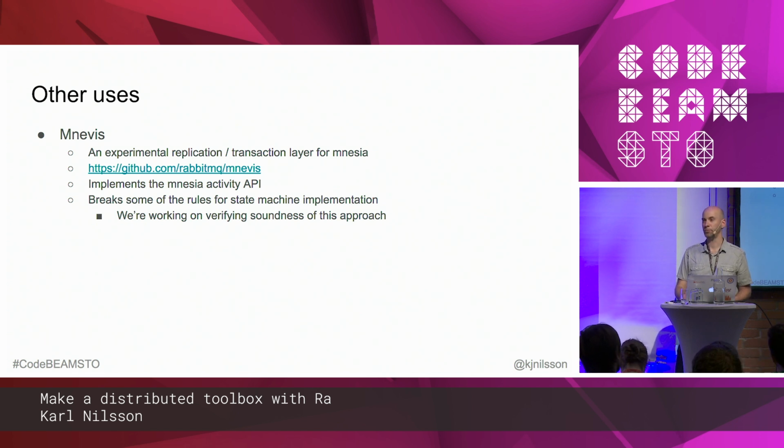I'm sure you never had any problems with distributed Mnesia, but if you have, this implements the Mnesia activity API for the replication layer. So it will have this Raft semantics. You still need a quorum for things to work, but it might be a little bit less freaky when disconnections happen. It does break some of the rules for state machine implementations, but it's looking good.